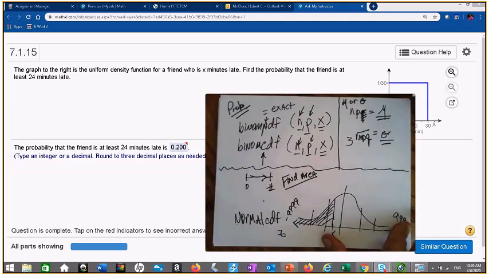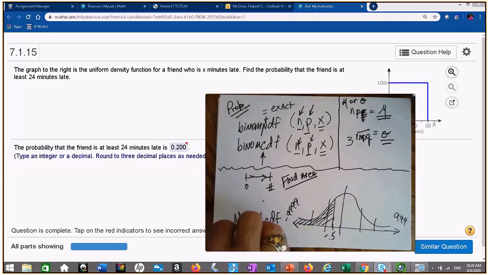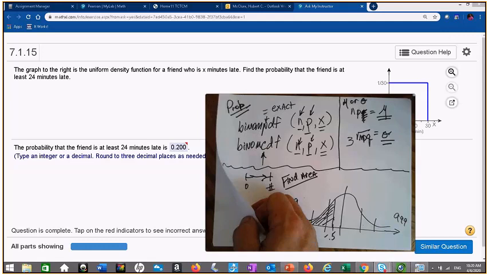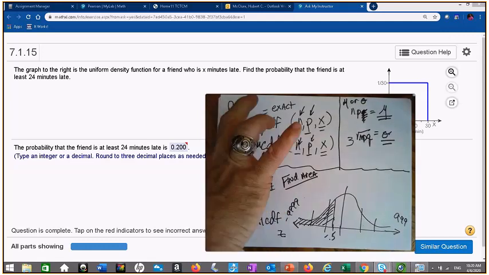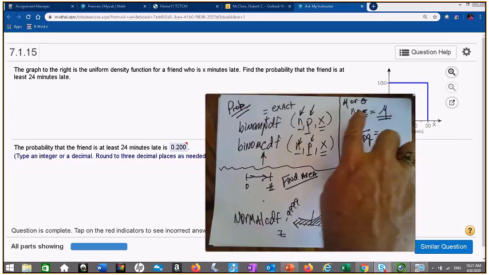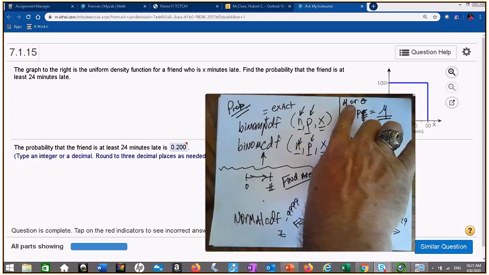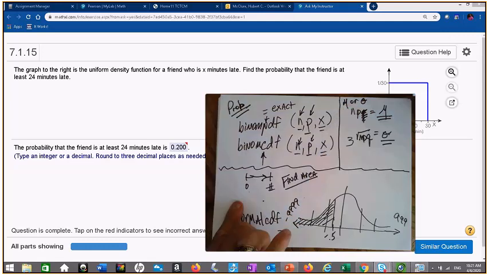And like I told you before, in probability and statistics, it's not that you can do the math, it's that you can read the directions and read the question. So directions will say find the probability. Directions will say find the mean or the standard deviation. Directions will say find the area or find the z-score.